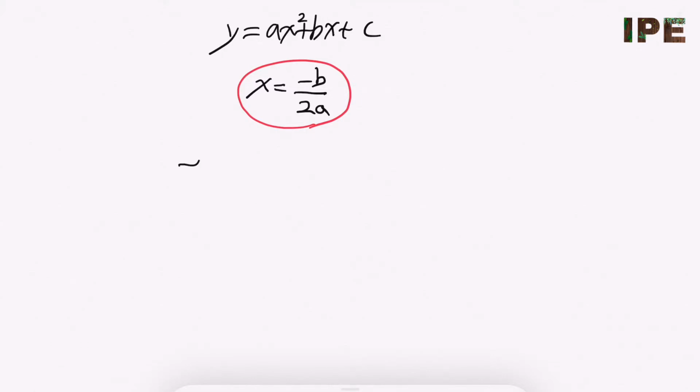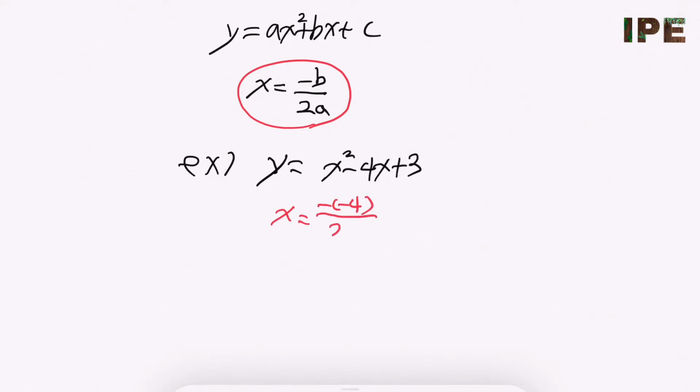For example, y equals x squared minus 4x plus 3. Where is the vertex? Find the vertex x equals negative b over 2a, which is 2. So the x coordinate of the vertex is 2.